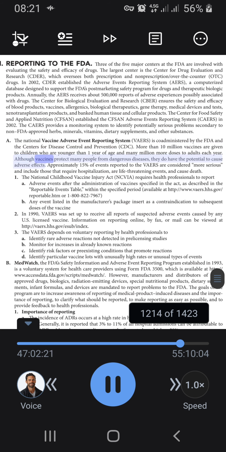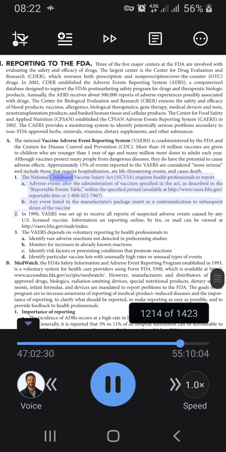Although vaccines protect many people from dangerous diseases, they do have the potential to cause adverse effects. Approximately 15% of events reported to the VAERS are considered more serious and include those that require hospitalization, are life-threatening events, and cause death.